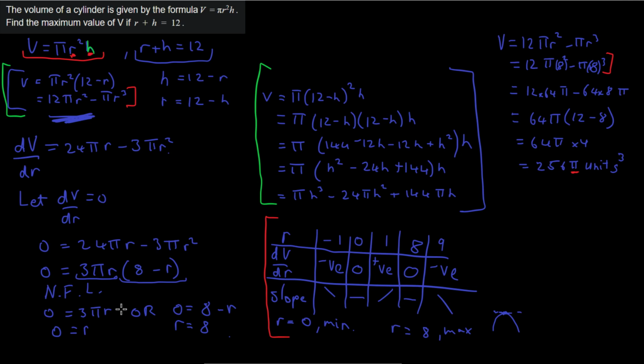Then derive, let it equal 0, and solve. Check the nature of your stationary point. You could use a gradient table. You might know other techniques. Whatever is fine. But you still need to check which one you need to use, 0 or 8. Once we've got it, we just sub it back into our volume equation. We could have used our original equation, but we don't have h. So we use the volume equation that has just r in it, and then we solve. And remember, exact units if possible.